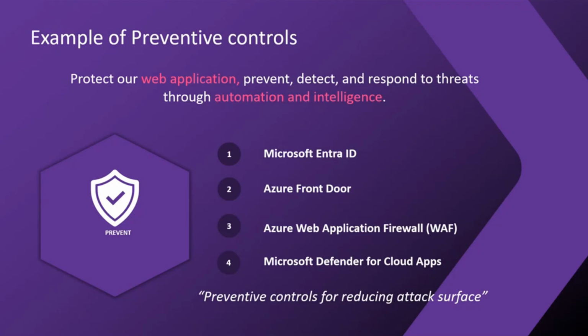And then you also have Microsoft Defender for Cloud Apps. If you are hosting your web application in Azure, then you have Defender for Cloud Apps. And if your web application is an app service, which is in our demo the case, then you can use, for example, Microsoft Defender for Cloud Apps. So these are some of the preventive controls and technologies we can use related to protecting our web application from bad actors.